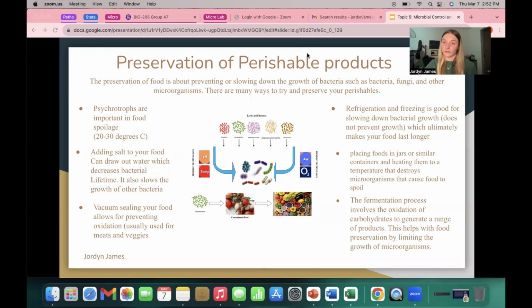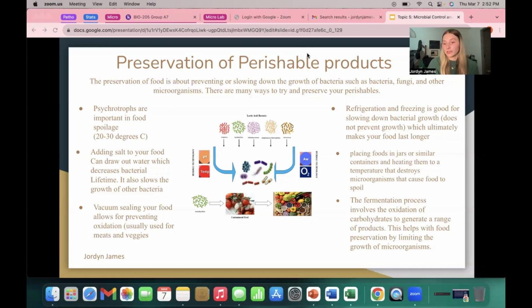Therefore, if you take a food and you throw it into a jar or container and you microwave your food, it can kill off a lot of the bacteria and destroy microorganisms that can cause your food to spoil. Again, your food can still spoil because new microorganisms can grow onto it, or if water gets inside your food, then microorganisms and bacteria love water, therefore they can get into your food, reproduce, ultimately spoiling your food.